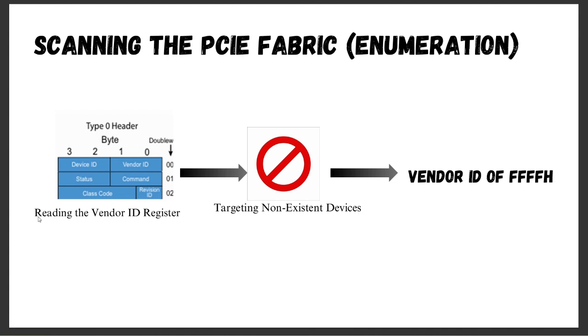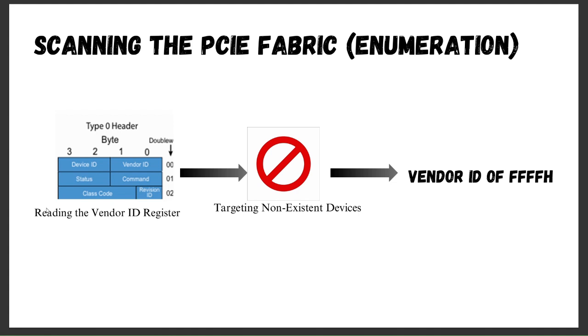The software attempts to read the vendor ID from each device's configuration space. The vendor ID is a unique 16-bit value assigned by the PCI SIG to each manufacturer. It is hard coded into the device configuration space.